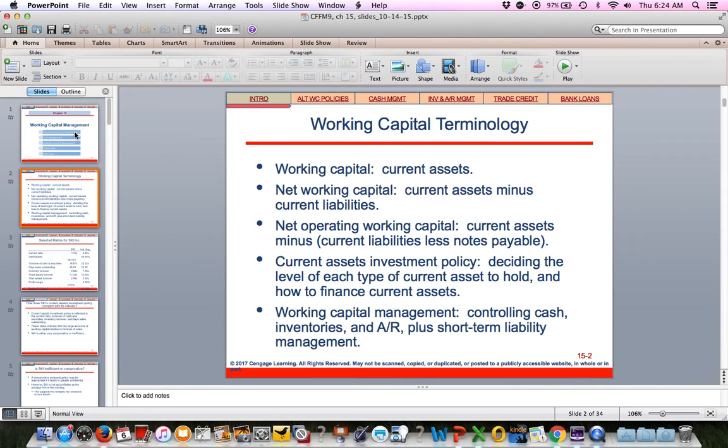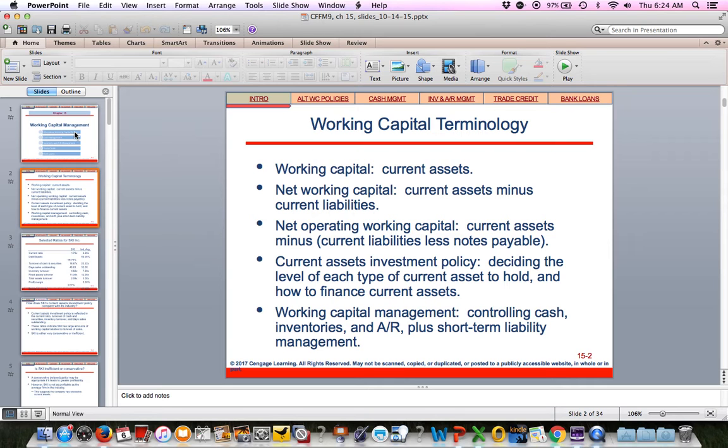So working capital is simply our current assets. Just if you didn't remember that, that's what it is. Net working capital is your current assets minus your current liabilities. And net operating working capital is your current assets minus current liabilities, taking out notes payable. Okay, so that's three different definitions right there that you have to understand to really be able to get this chapter.